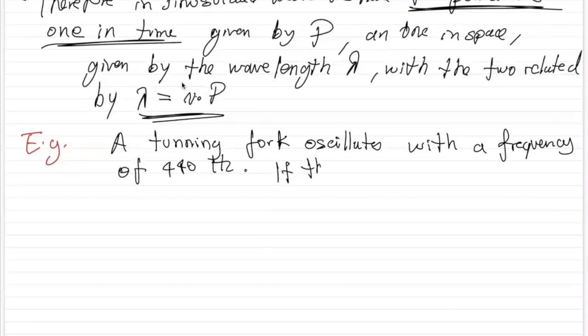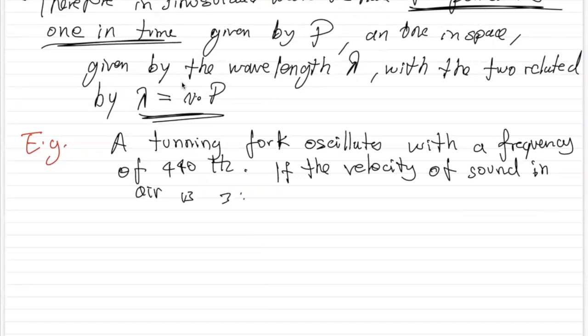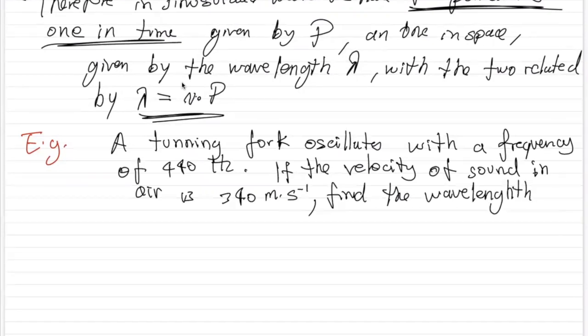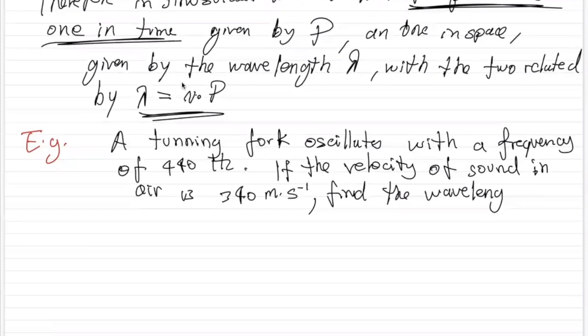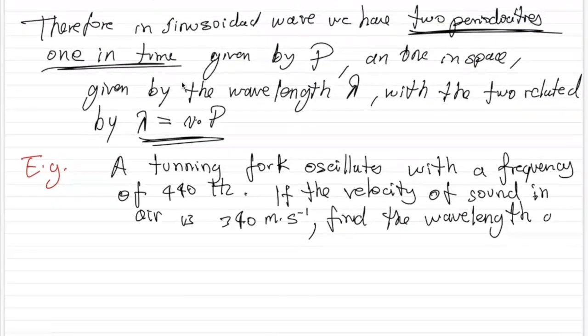If the velocity of sound in air is 340 meters per second, find the wavelength of the sound.